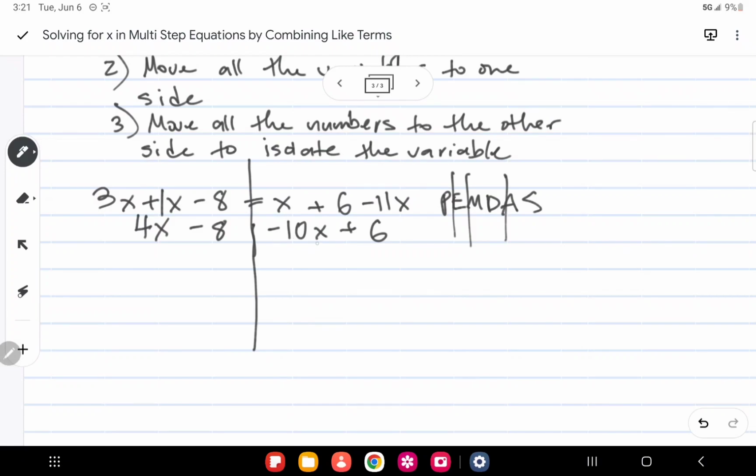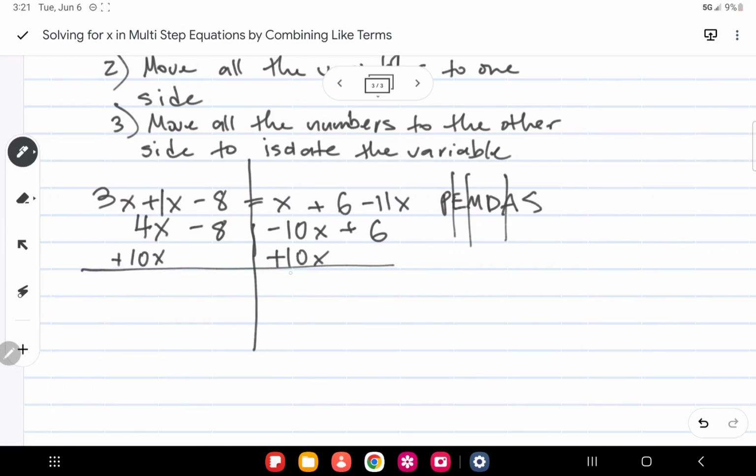So negative 10x. The opposite of subtraction or negative is addition or plus 10x. And remember, whatever we do on one side, we also have to do on the other side. So we're adding 10x here, so we will add 10x right below the x on the other side as well.